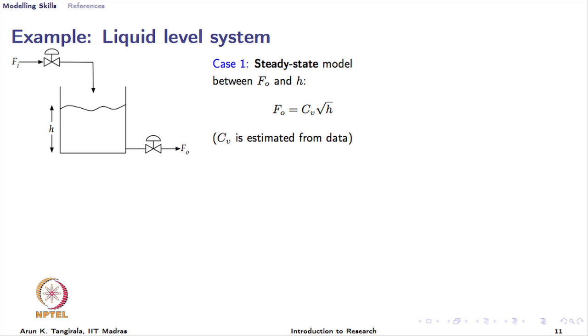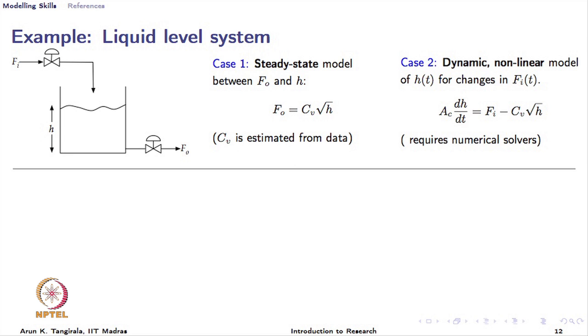All you have to do is perform an experiment at different steady states, measure the outlet flow rate and the liquid level, and plot the outlet flow rate versus the square root of the liquid level. You should see more or less a straight line. If you have access to an experiment, try it out, and you will see that this is not perfectly right, but this is a fairly good model.